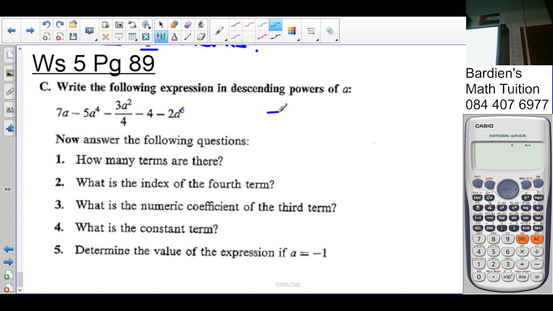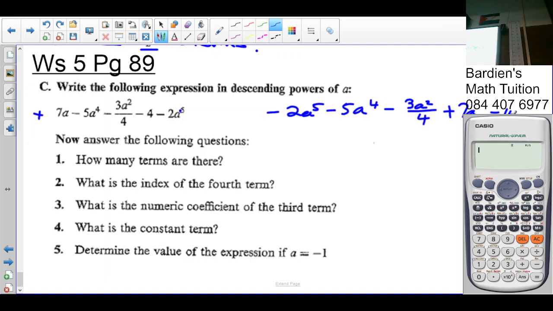So it's going to be negative 2a to the exponent 5 minus 5a to the exponent 4 minus 3a squared over 4, plus, you see no sign in front of it, so it's plus 7a minus 4. The first question was to write the expression in descending powers of a, and these are in descending powers of a. The exponents range from biggest to smallest.